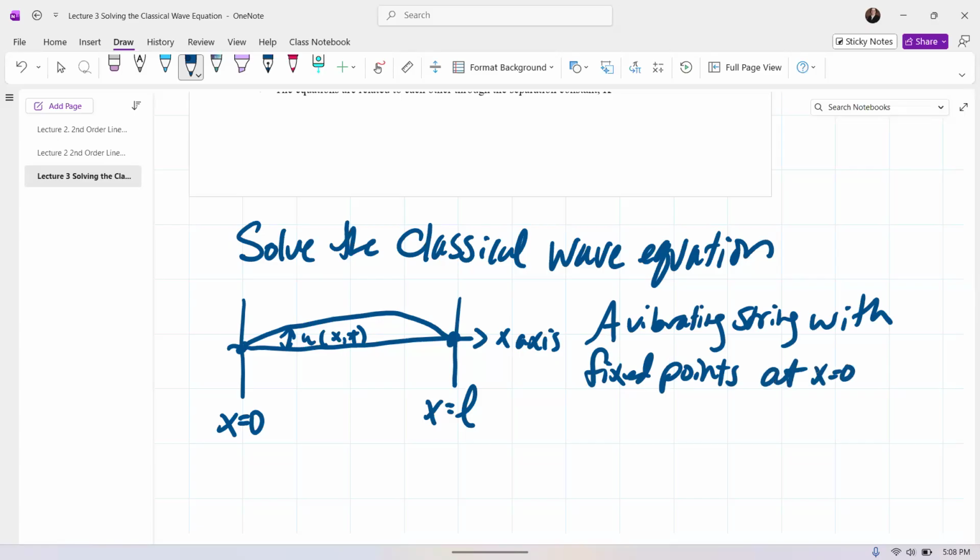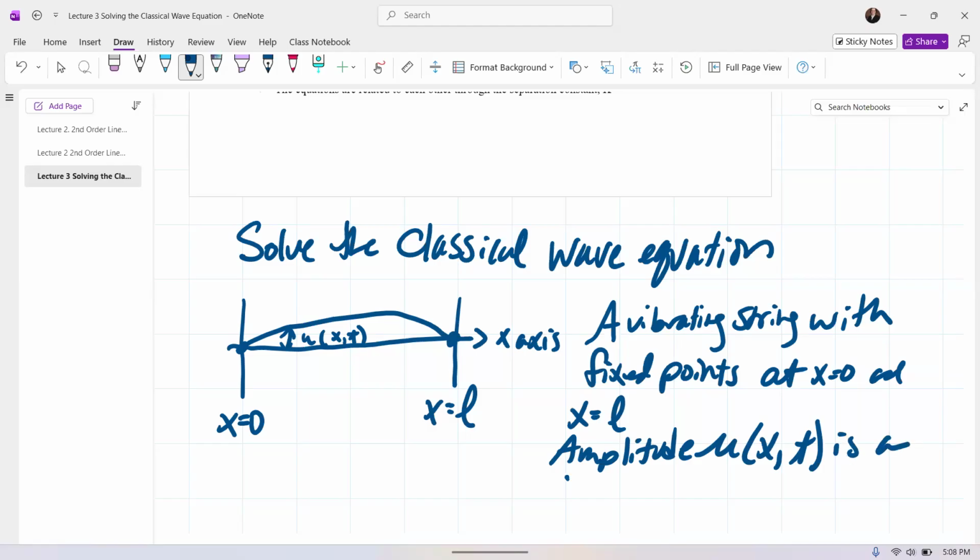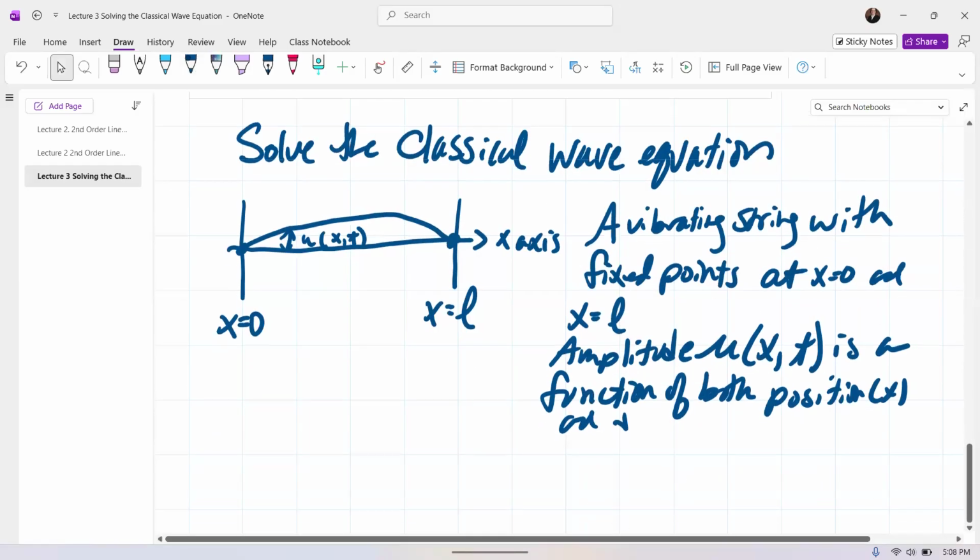at x equals 0 and x equals L, the length of the string, and with an amplitude, the amplitude u of x and t is a function of both position, that's the x, and time, that's the t, right?